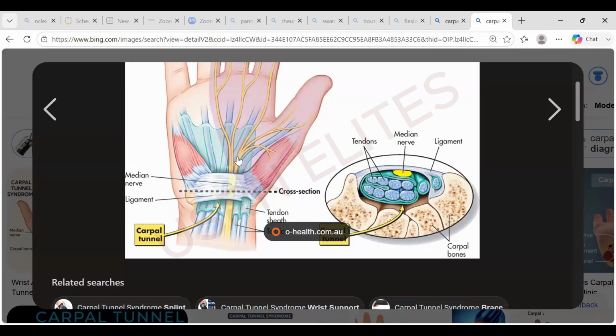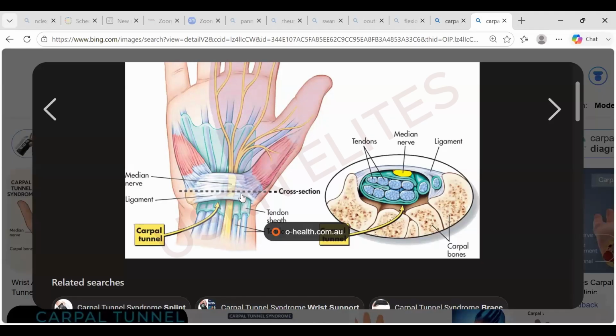Okay. That's where we have the nerve. The nerve. Okay. And we have tendons as well. And we have the median nerve, the middle. Okay, median nerve running through there.